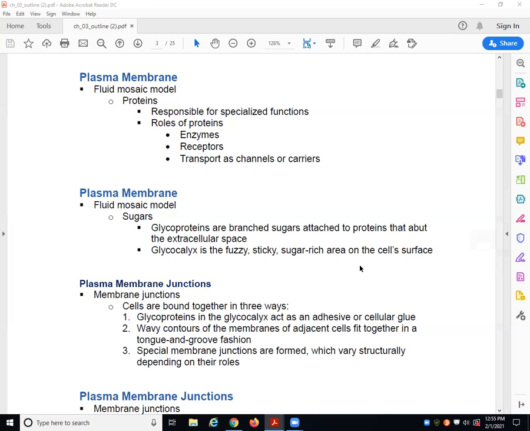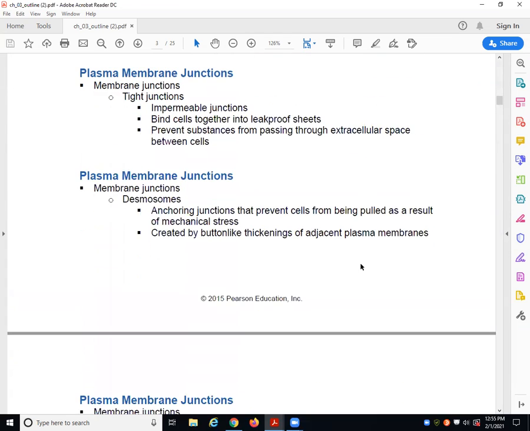All right. So let's talk a little more about membrane junctions. First we'll talk about tight junctions. Tight junctions, as the name suggests, are a tight connection, which means that those junctions are impermeable. Things can't get through.